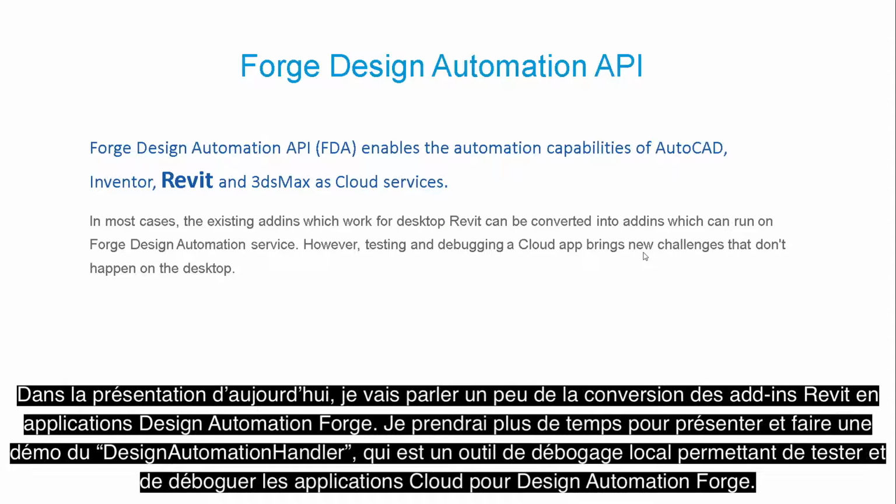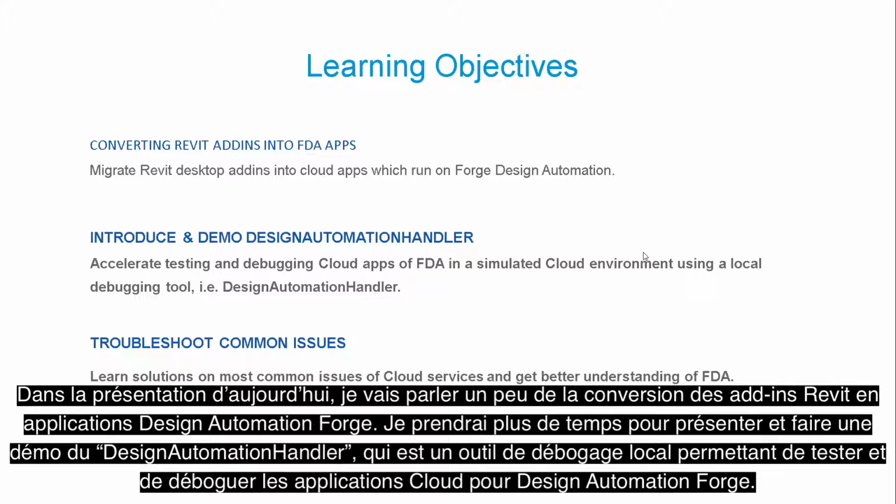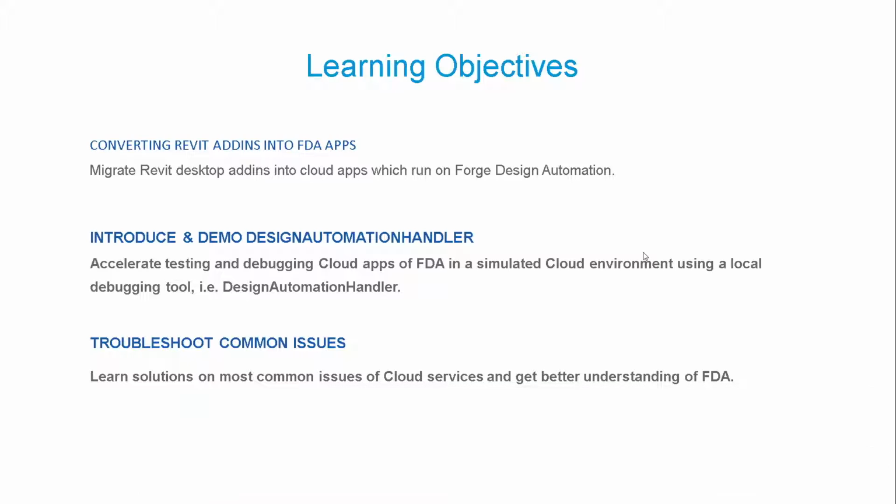In today's presentation, I will talk a little bit about converting Revit add-ins into design automation apps. I will take more time to introduce and demo Design Automation Handler, which is a local debugging tool to test and debug cloud apps for design automation.